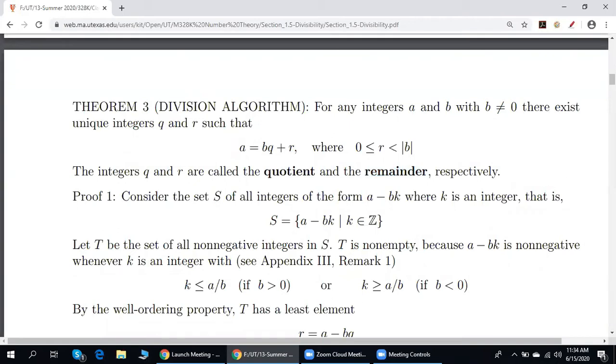This theorem looks dry, but actually there are lots of important applications.